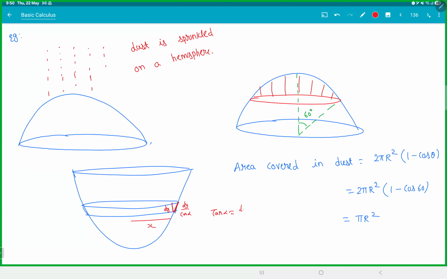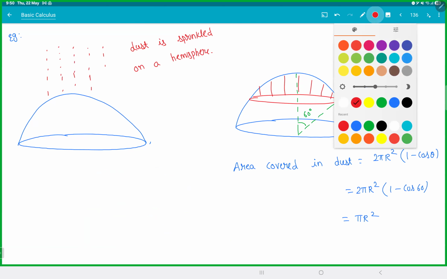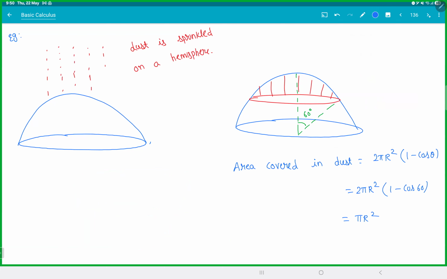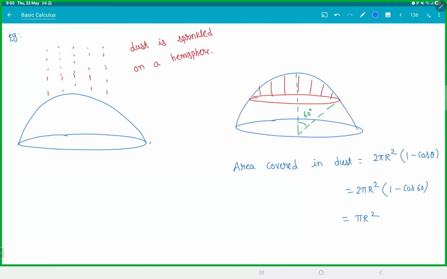Tan alpha is the slope, dy by dx. So from dy we bring in cos alpha. Then this will be 2 pi x into dy by cos alpha, and then it's very bad integration. Meaning I can get you the equation and leave it, but after that we won't be able to do the integration. Maybe only a few people can handle it. I tried it, but it was really tough, so I just left it. The limits and everything were very bad. Clear with this? How they can ask questions on this? All clear?